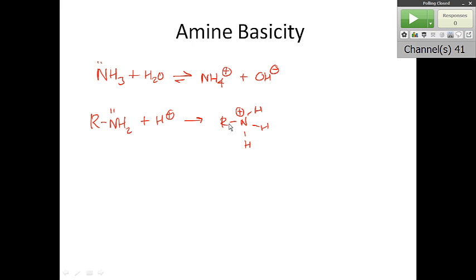You could end up with a dialkyl or a trialkyl ammonium salt, depending on how many R groups you start with. But basically, nitrogen can accept a proton. And that changes the nitrogen from being a nucleophile. It would change it to become an electrophile, except the problem is nitrogen can't form an expanded octet, so there's no way I can bond something to that nitrogen.